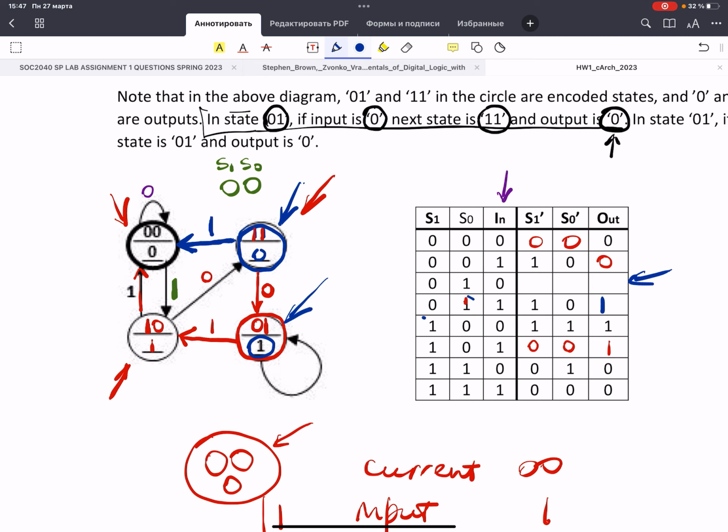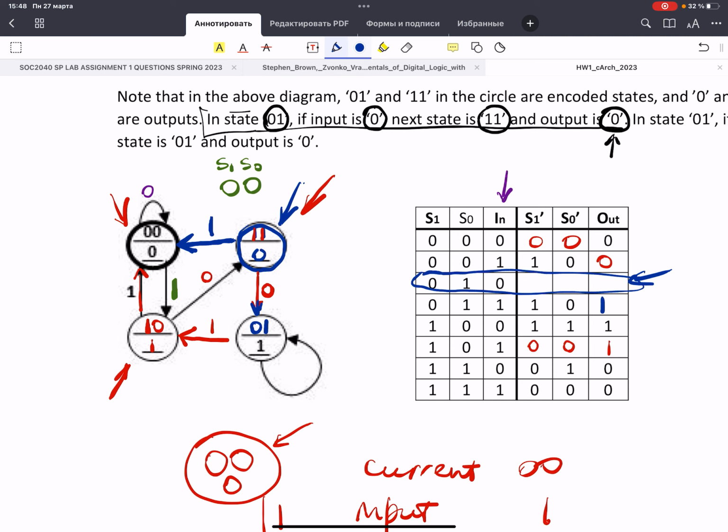But what about input 0? What if input 0 is given? Now let's analyze this one. Let me draw it clearly. So here we have a row.